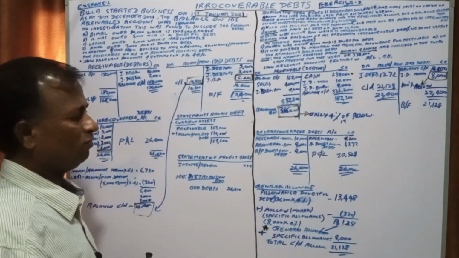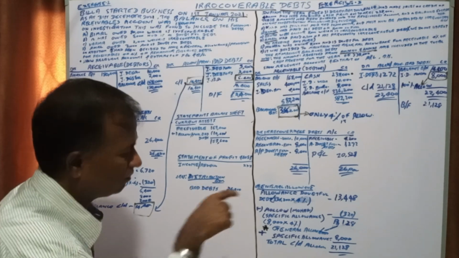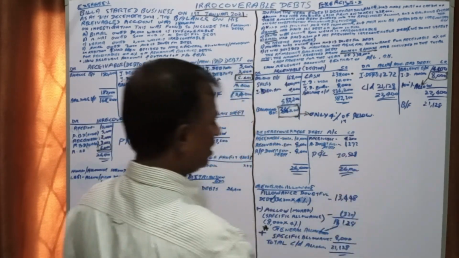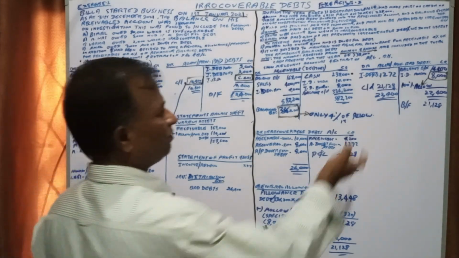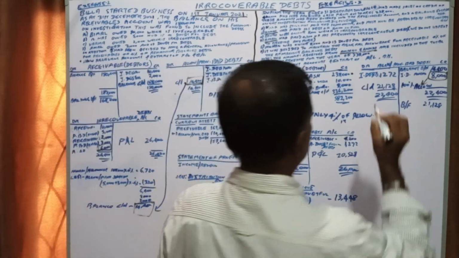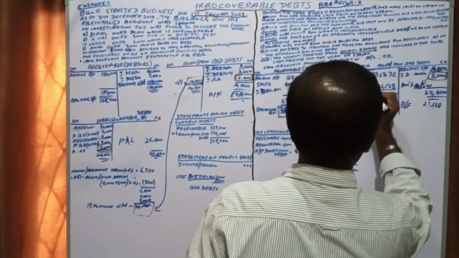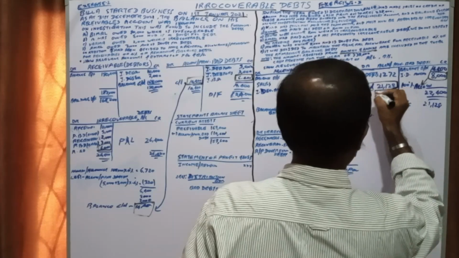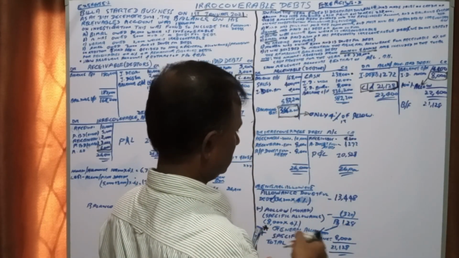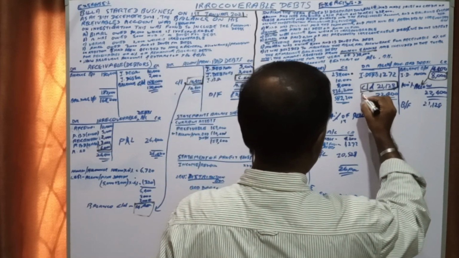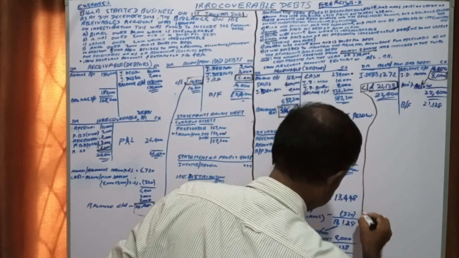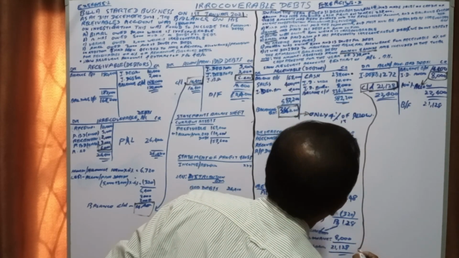We manually did the workings here. In these workings, you can understand how we have arrived here. This carried down balance is calculated from here.